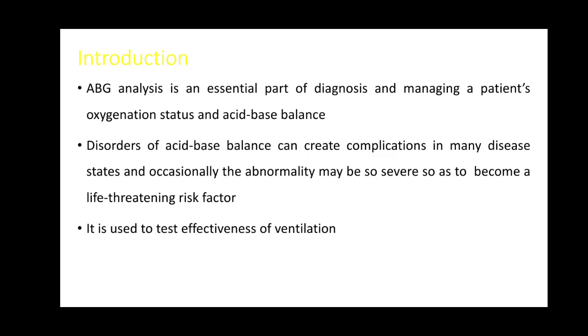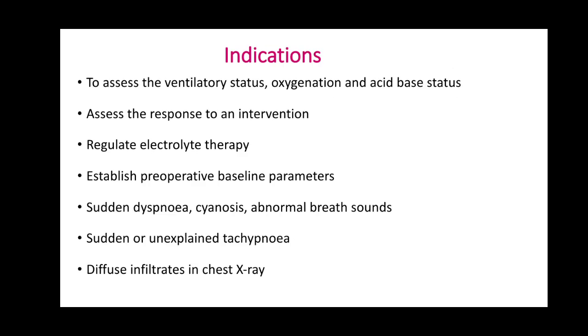So mainly the disorders of acid base balance can create complications in many disease states, and occasionally the abnormality may be so severe as to become a life threatening risk factor. So it's used to test effectiveness of ventilation.